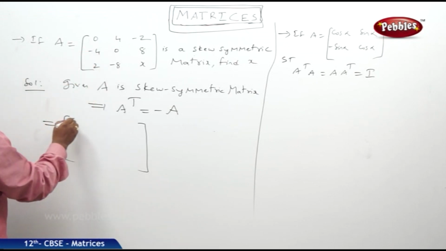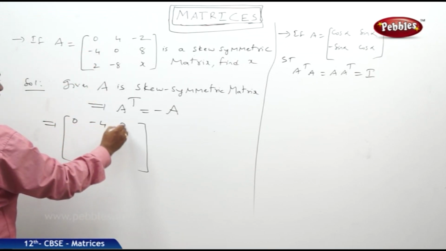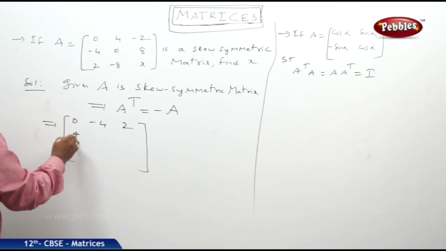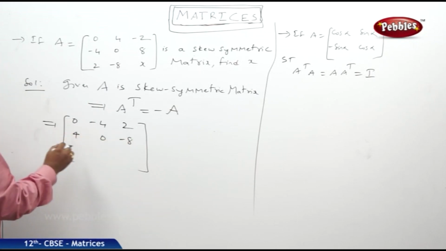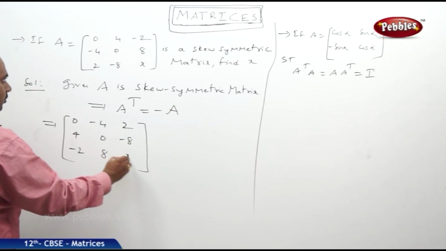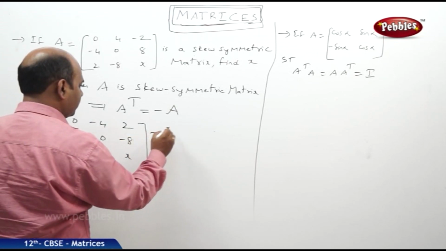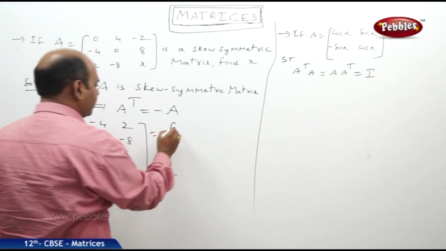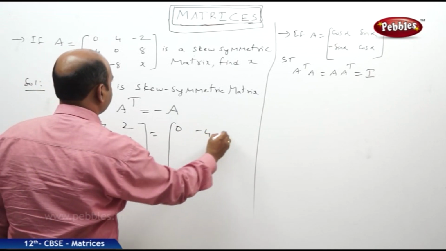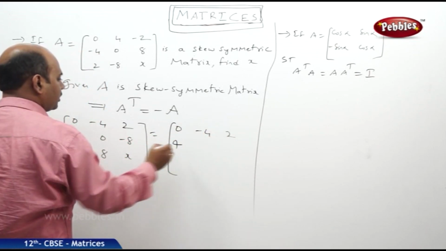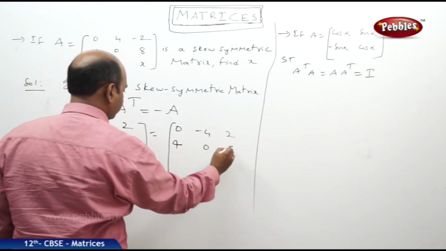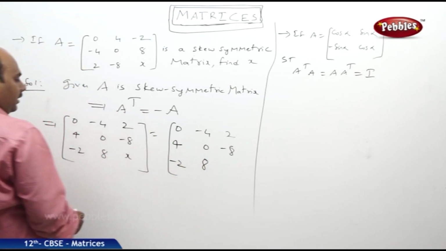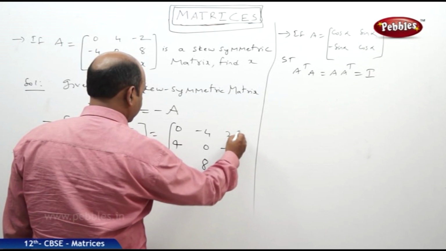So A transpose becomes 0, minus 4, 2; 4, 0, minus 8; minus 2, 8, x. This equals minus A. Minus A means minus should be multiplied with the whole thing: 0, minus 4, 2; 4, 0, minus 8; minus 2, 8, minus x.